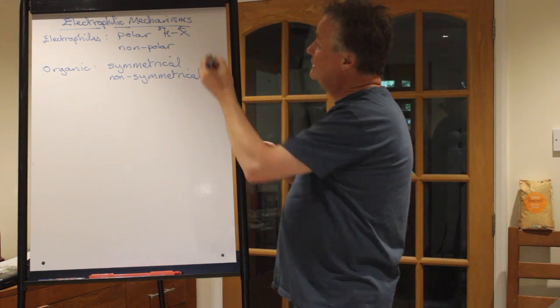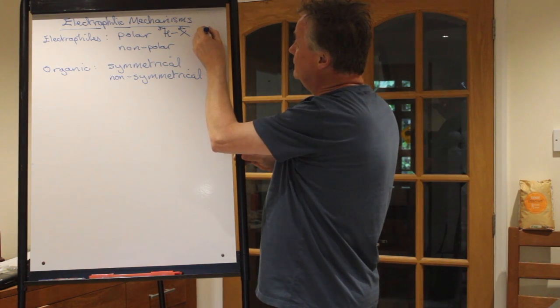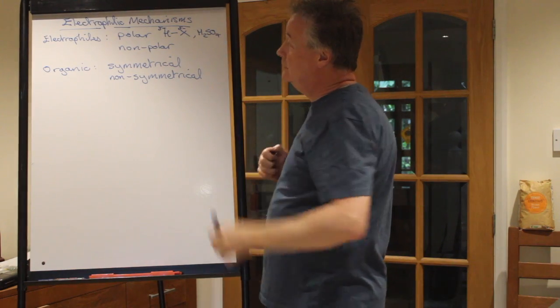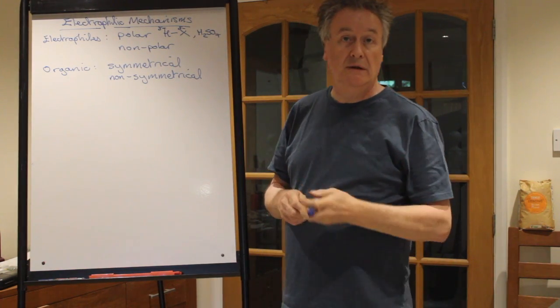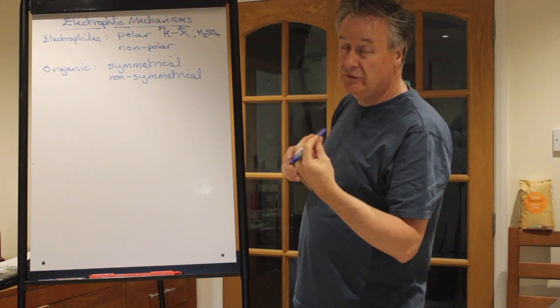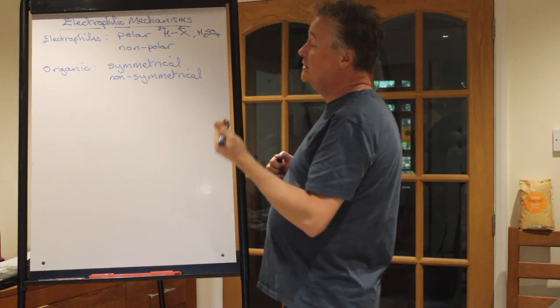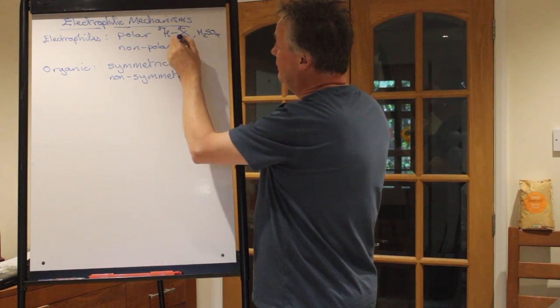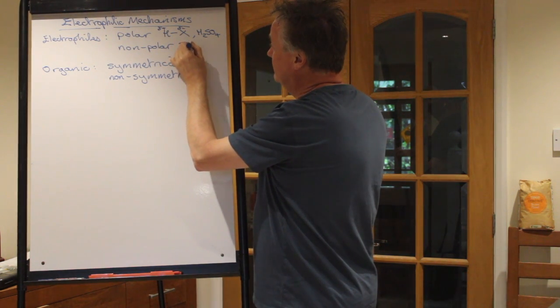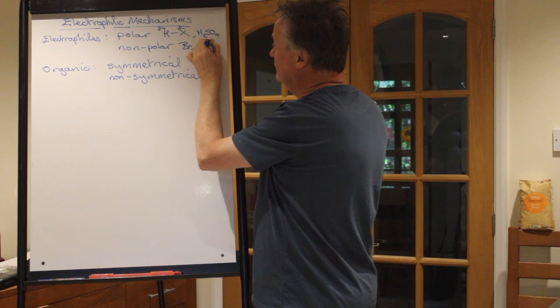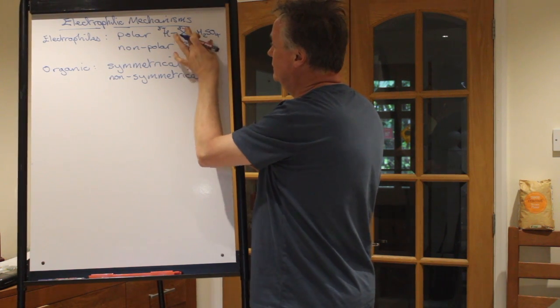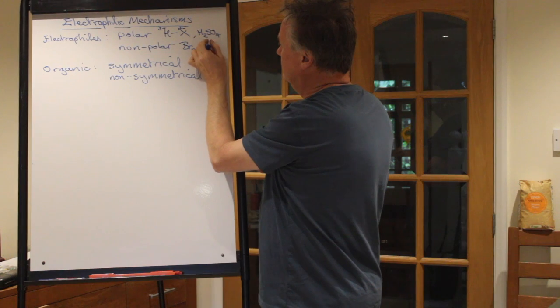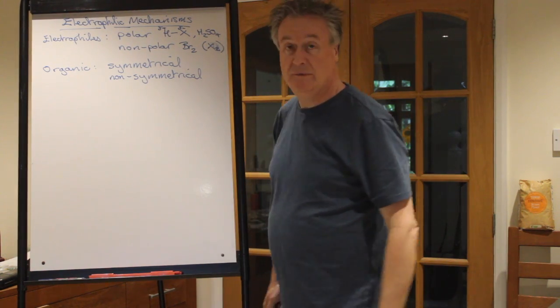You also find that in sulfuric acid, where the hydrogen is delta positive because it's attached to an oxygen, which is delta negative. And then the non-polar, something like Br2, which is an example. But I know that's not right. We want an X2. So that's an example of X2.